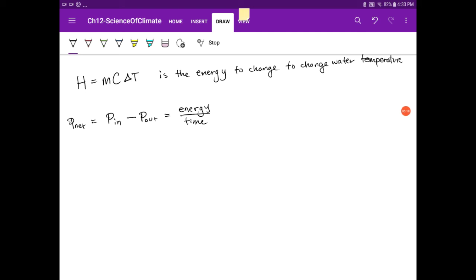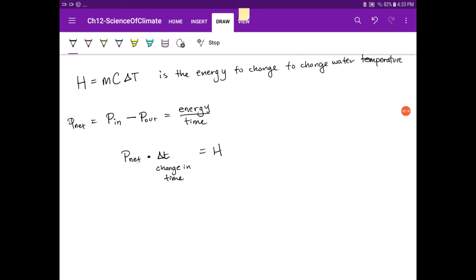So if I take this energy per time and multiply by some amount of time, P net times a change in time, that will be set equal to this heat, but that heat is related to a change in temperature.